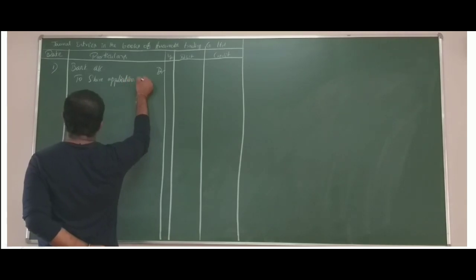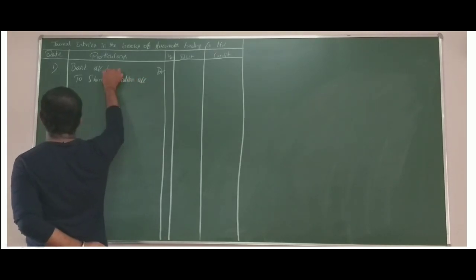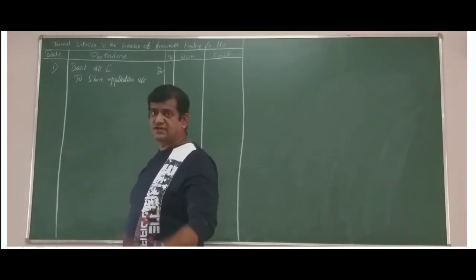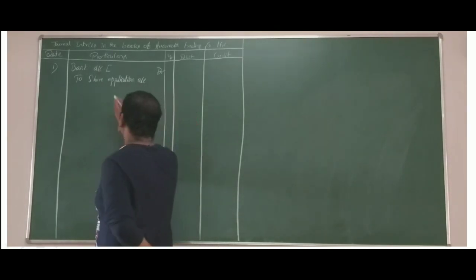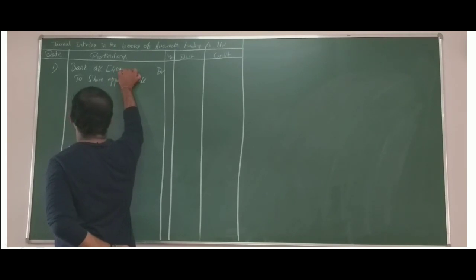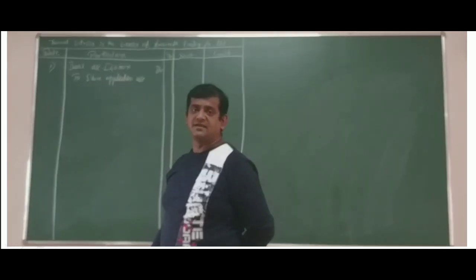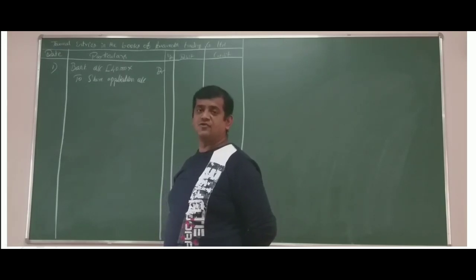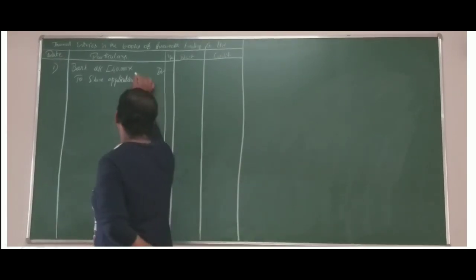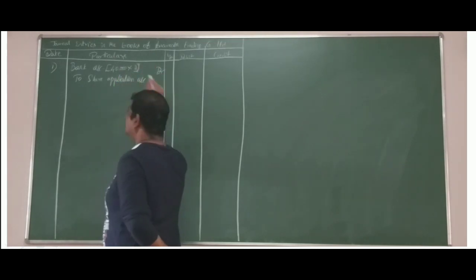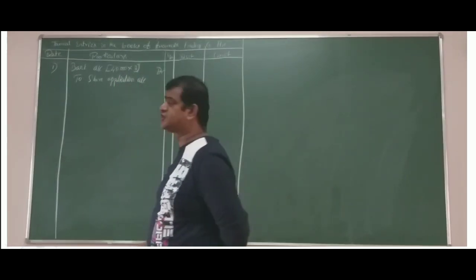How many shares has the company issued? 40,000 shares. So 40,000 into what is the application money? That is the application value we are receiving. Rupees 2. So 40,000 into 2, how much?